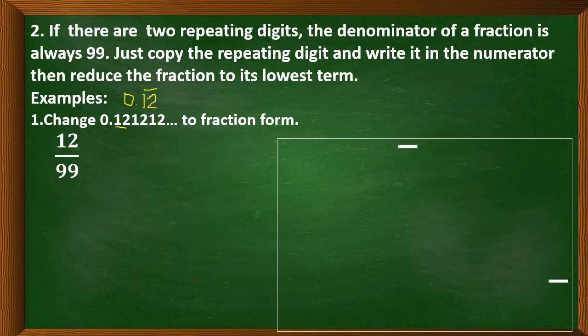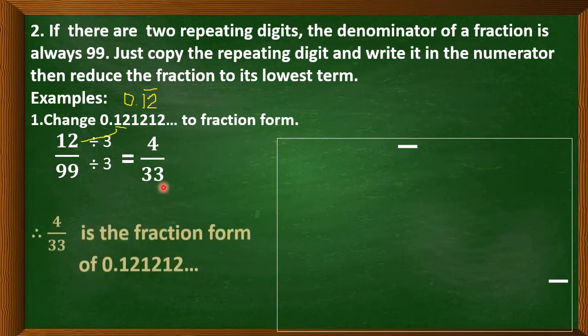Then, copy the repeating digits. We have 12. Now we are going to reduce 12 over 99 to its lowest term. What is the greatest common factor between 12 and 99? We have 3. So 12 divided by 3 is 4, and 99 divided by 3 is 33.